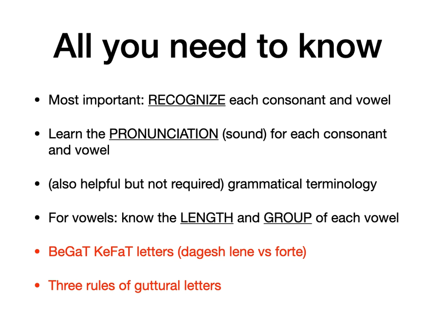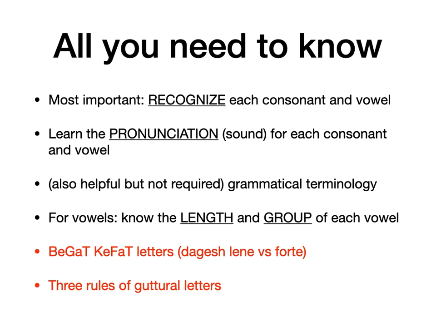Then we have the long ones, and each sound has a long sound. Then we have a short, and only the primary vowels have a short sound. So the long are only primary, and the short are all of them. And finally, we have the short and the extra short, the Sheva group.